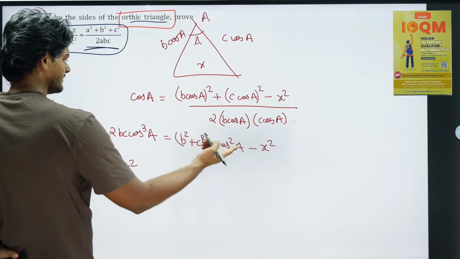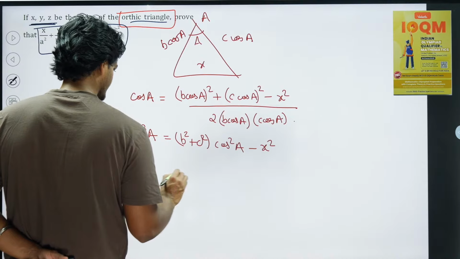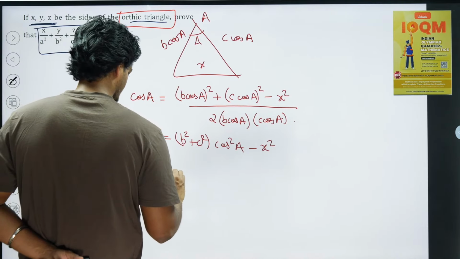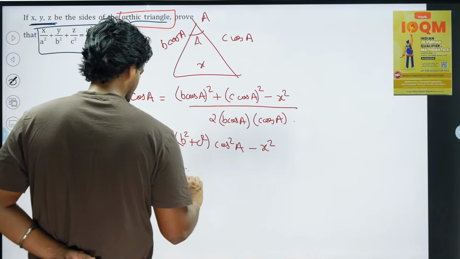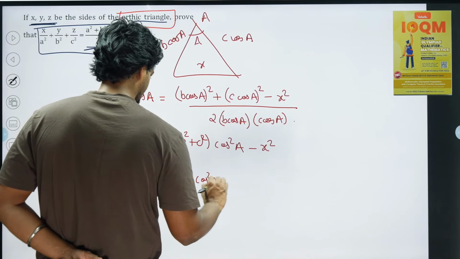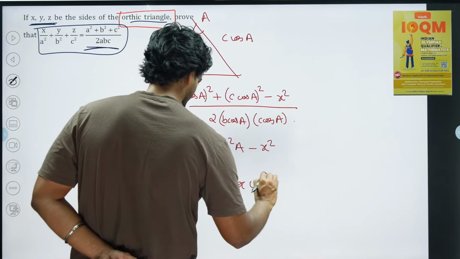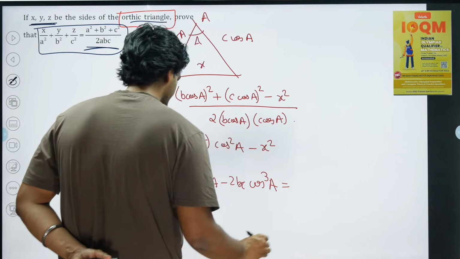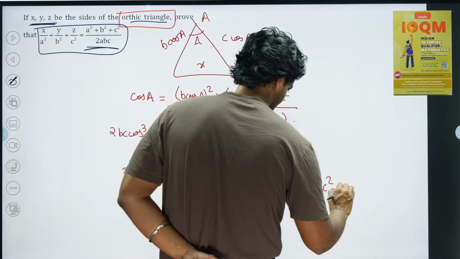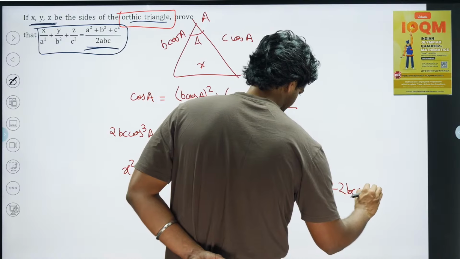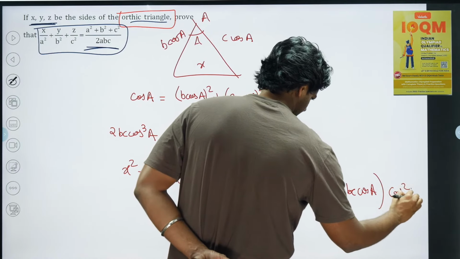If I switch these places, X square is equal to (b square plus c square) cos square A minus 2bc cos cube A. That will be (b square plus c square minus 2bc cos A) cos square A.